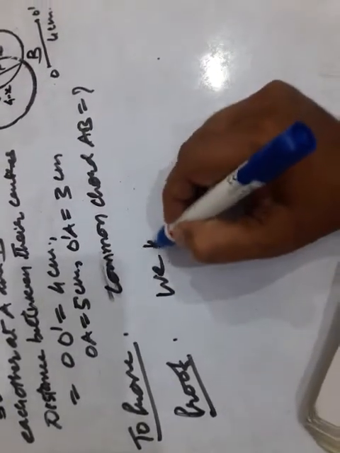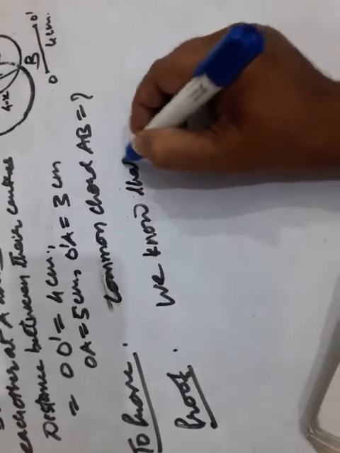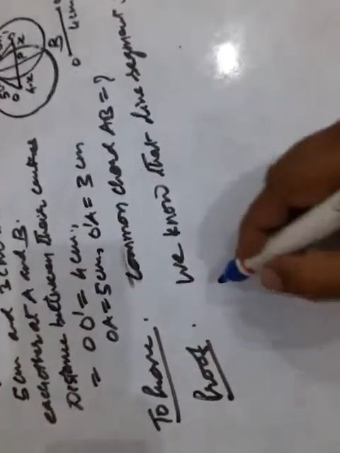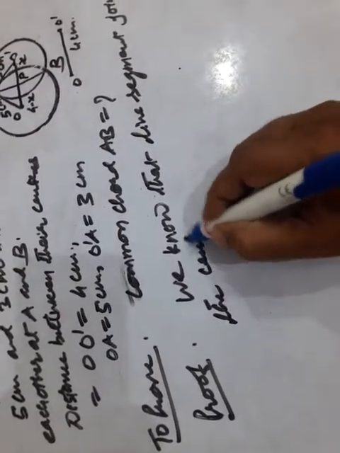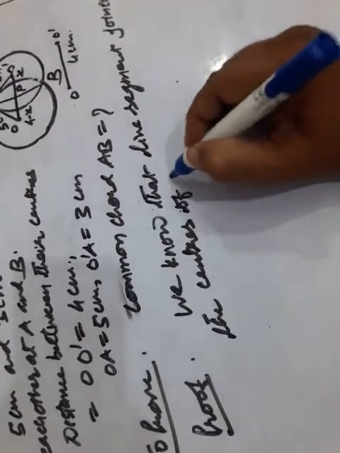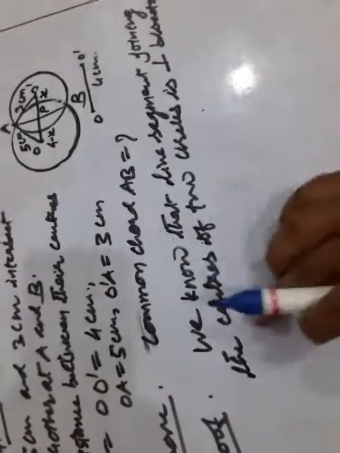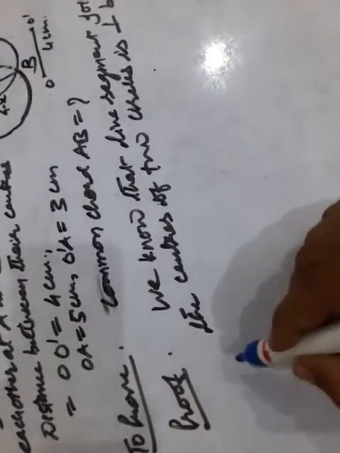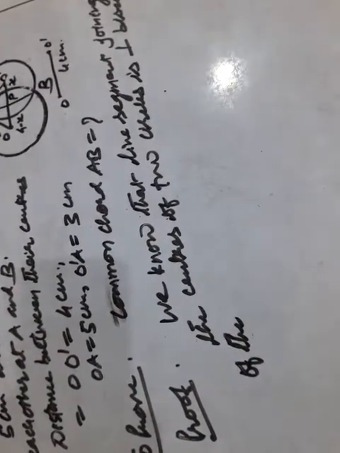See, children, what do we know here? We know that the line segment joining the centers of two circles is the perpendicular bisector of the common chord.